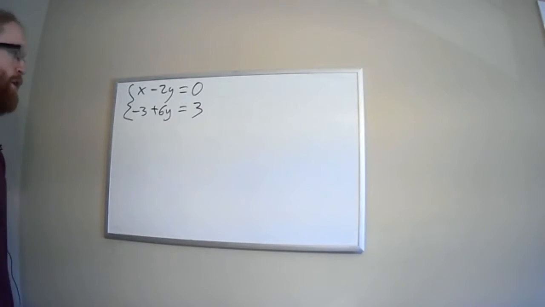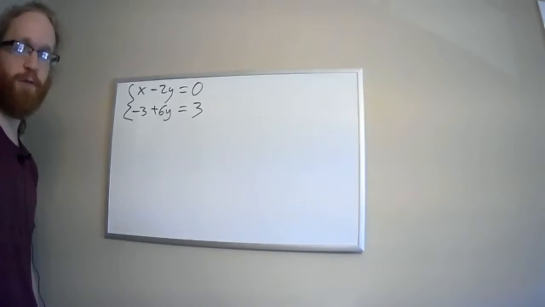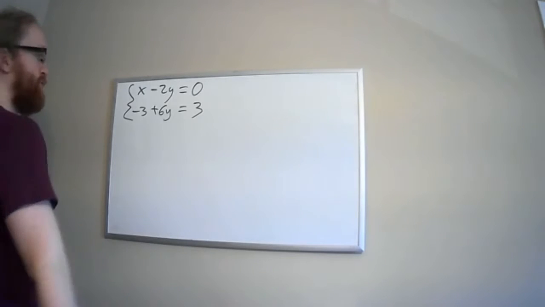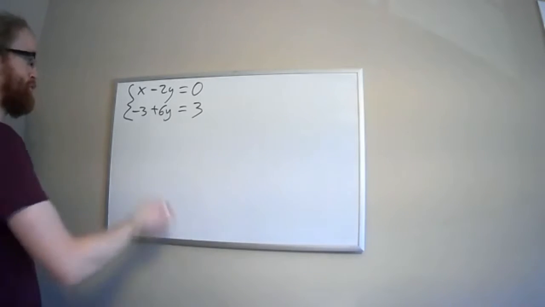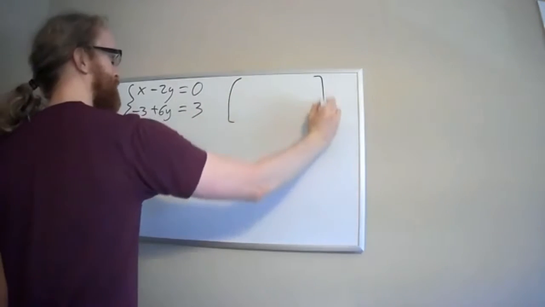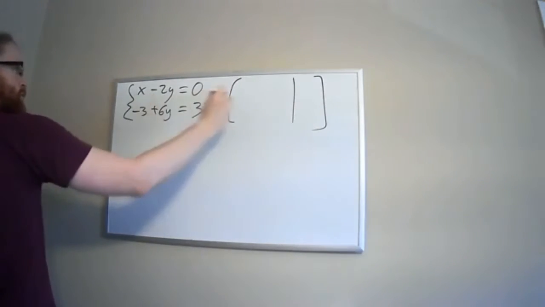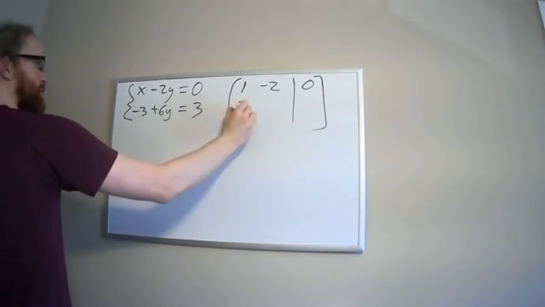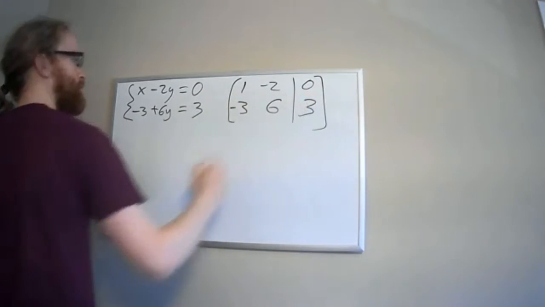We're going to go ahead and solve it using the matrix method, and we're just going to see what happens. So the first step always when we're using matrix methods is let's write down the augmented matrix for the system. So we'll go ahead and do that. Just fill in the numbers. I get 1, -2, 0, and I get -3, 6, 3.